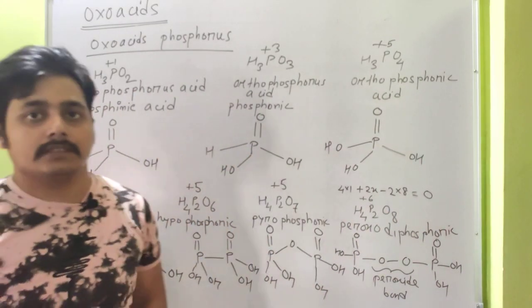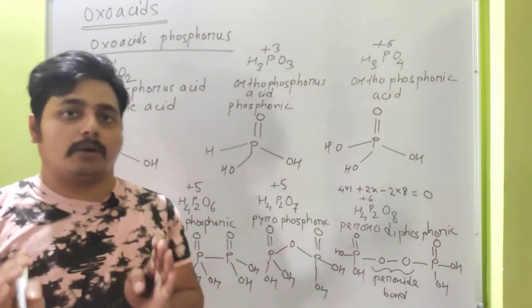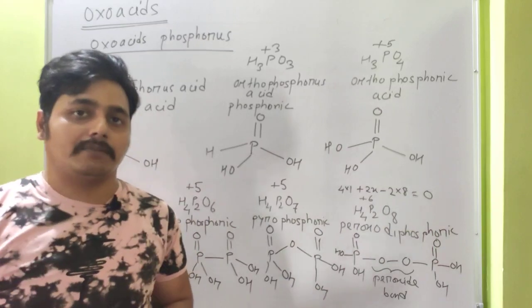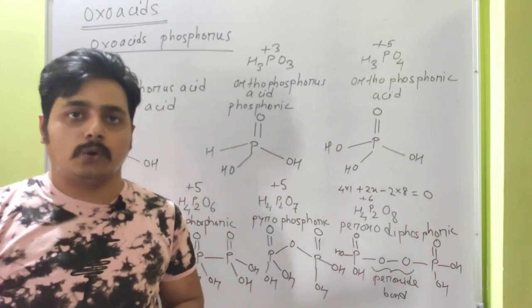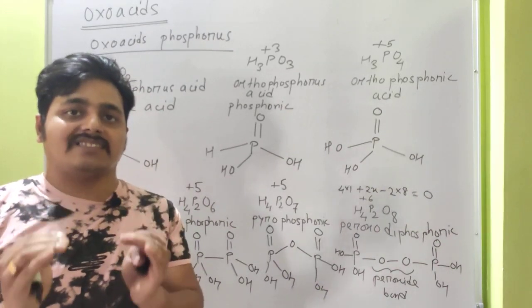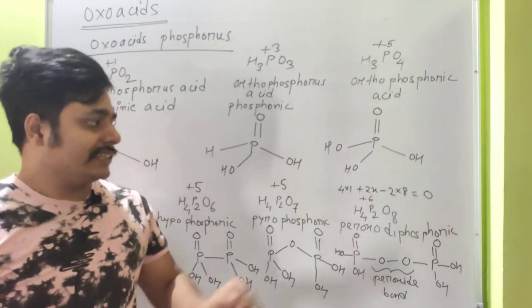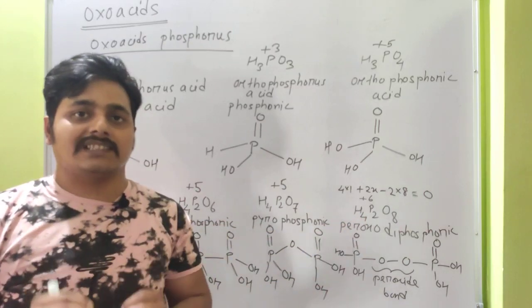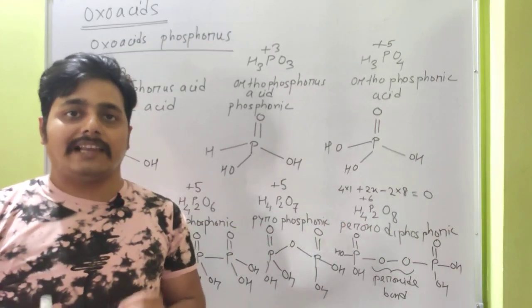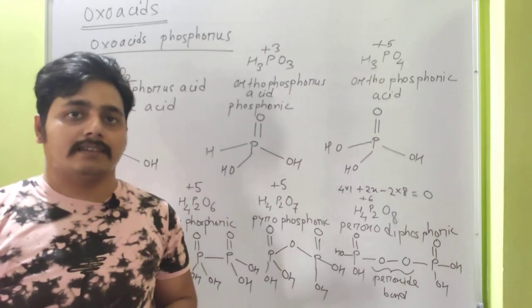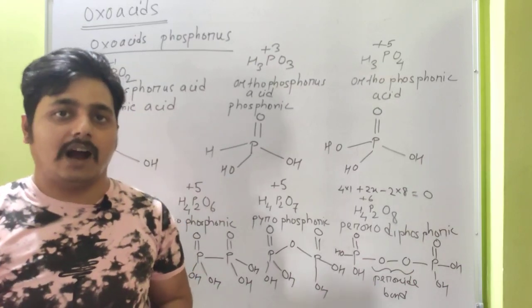But the maximum oxidation state of group 15 elements is +5. They can never show +6, +7, +8 oxidation state. So in this compound we cannot determine the oxidation state by using the rule. It can be determined by drawing the structure. How?